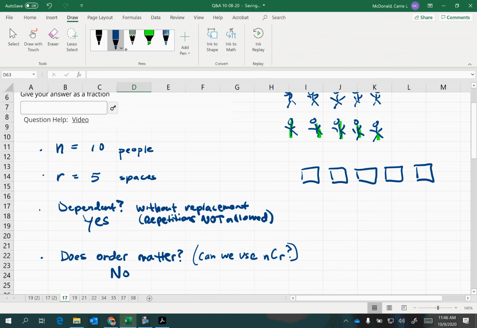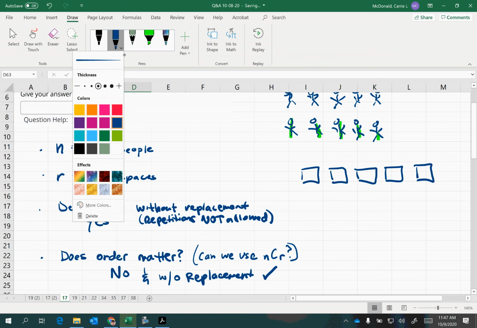In other words, if you went straight to asking if order matters, then probably if you say no, it's going to be the combinations formula. But you also need that repetitions are not allowed. So without replacement, we need that as well. Okay, so that means we can use the combinations formula.